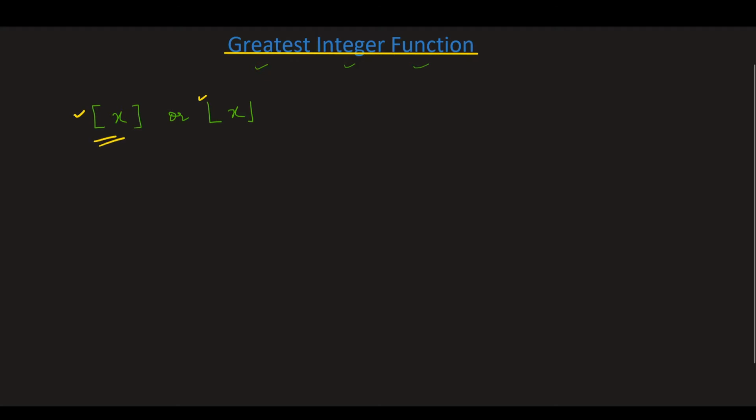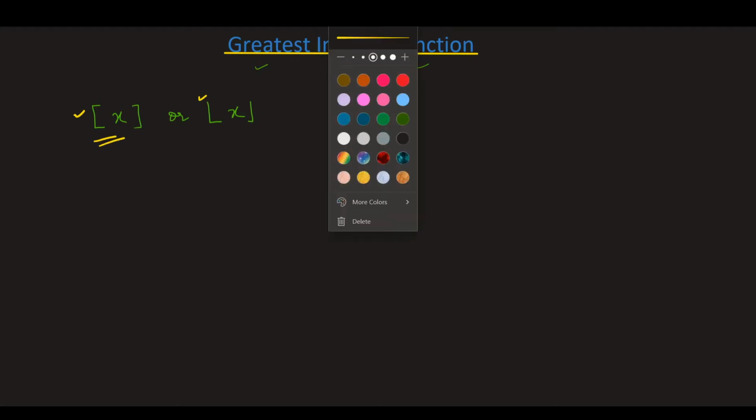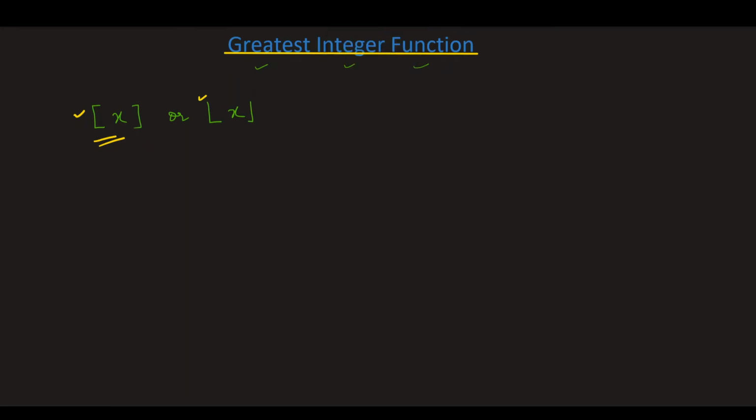So what does this mean? It means that this function will return a value that is the greatest integer less than or equal to x.